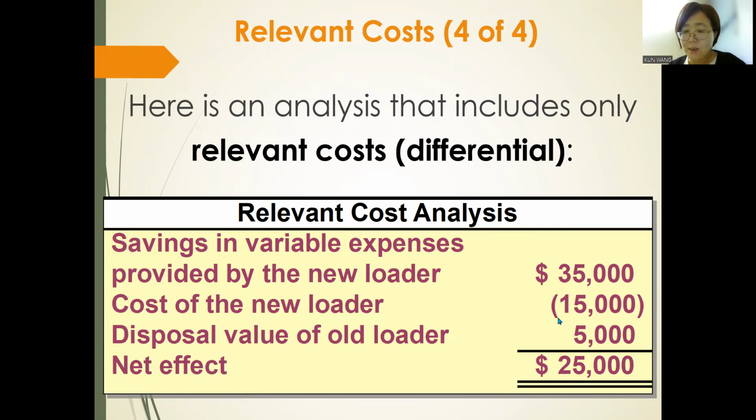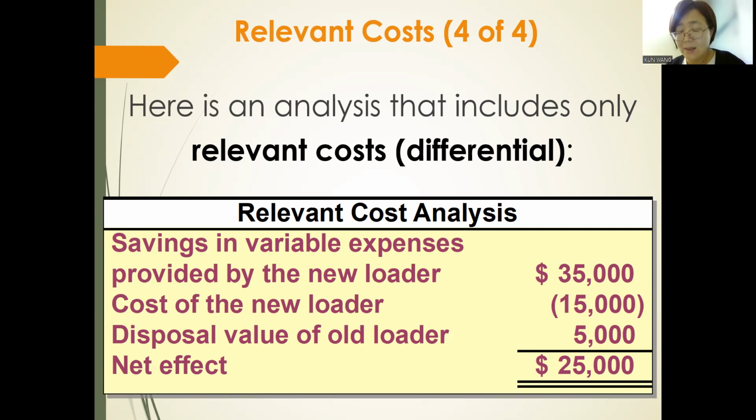Then I need to spend 15,000 to buy the new loader, and then get an opportunity benefit from disposal of the old equipment. Adding all of the three factors, you get the same final result. So by replacing the old loader with the new one, we have an overall cost saving of 25,000.